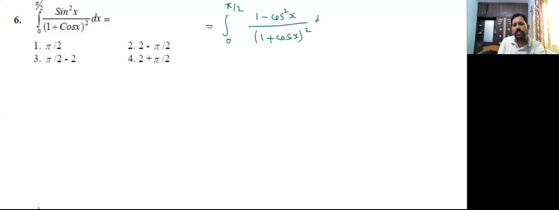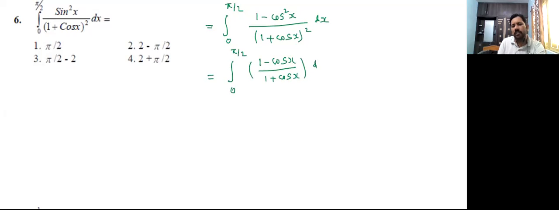Numerator, observe that it is in the form of a square minus b square. So the numerator will come 1 minus cos x into 1 plus cos x. And cancel that 1 plus cos x. Remaining in the numerator is 1 minus cos x. And in the denominator one term is cancelled. Remaining is 1 plus cos x.